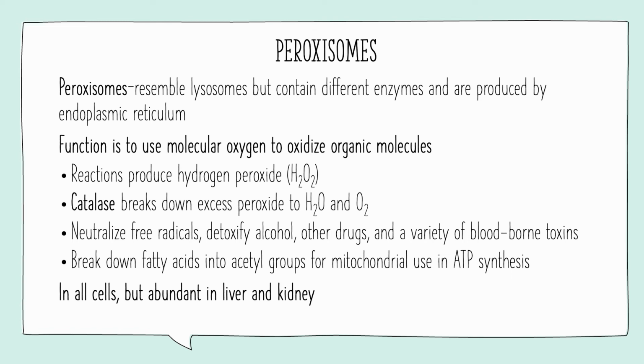Reactions produce hydrogen peroxide, break down excess peroxide, neutralize free radicals, detoxify alcohol and other drugs and a variety of blood-borne toxins, and they break down fatty acids into acetyl groups for mitochondrial use, for them to make the ATP synthesis. They're in all the cells, but they are abundant in the liver and kidney cells.